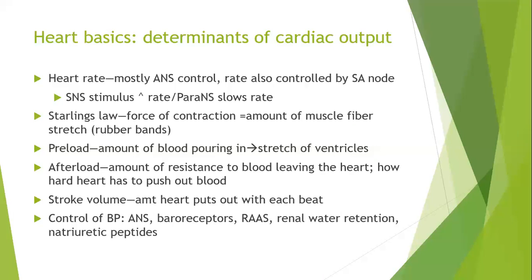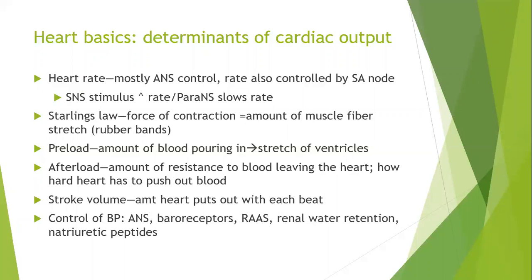So here's just a little review of the things that are operating on the heart that affect heart output and just generally cardiovascular function, such as the heart rate, which controls how much blood moves around, Starling's law, which affects how much contractility there is in the heart.